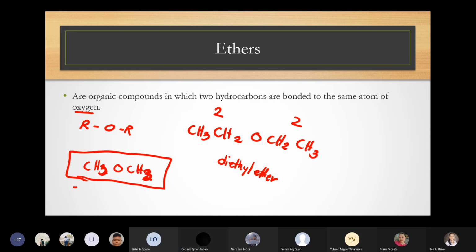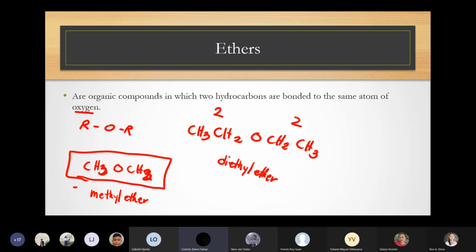Ethyl ether, ma'am. Is this an ethyl? How many carbons on the left and on the right? One, ma'am. What is the name of one carbon? Methyl, ma'am. Okay, this would be methyl ether. Nakuha? Yes, ma'am.